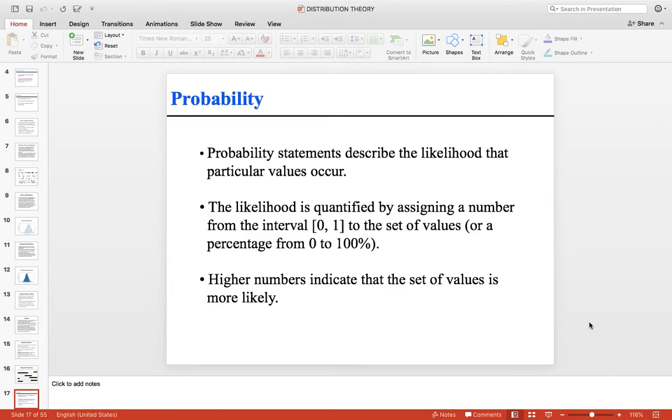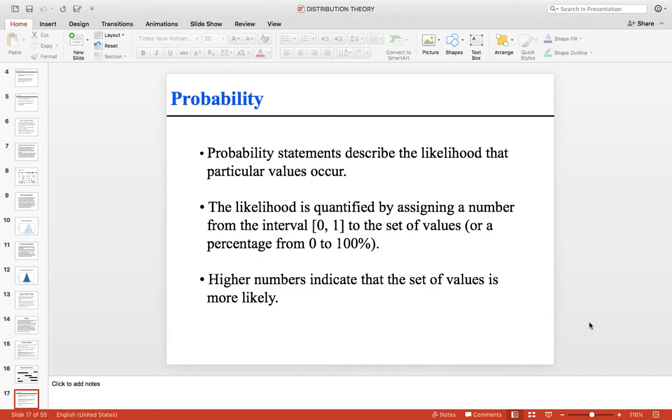So, what is a probability? Probability statements describe the likelihood that a particular value occurs. Like I gave you, 86% is the probability that there will be zero deaths in a day, based on historical data. The likelihood is quantified by assigning a number from 0 to 1, or percentages from 0 to 100.